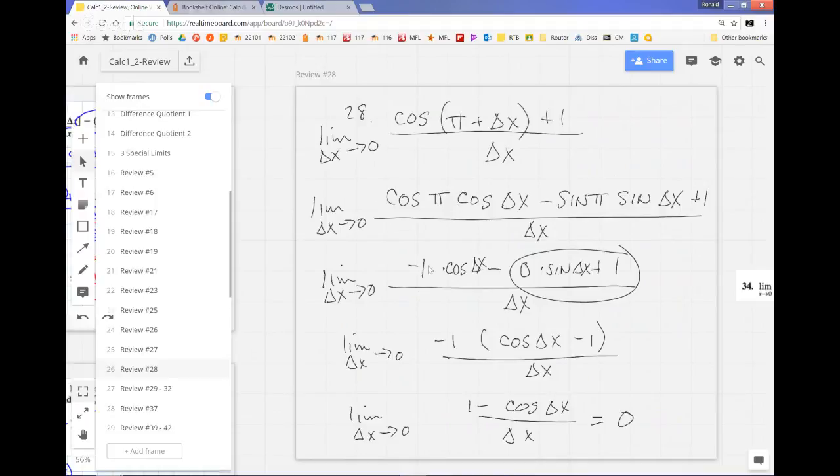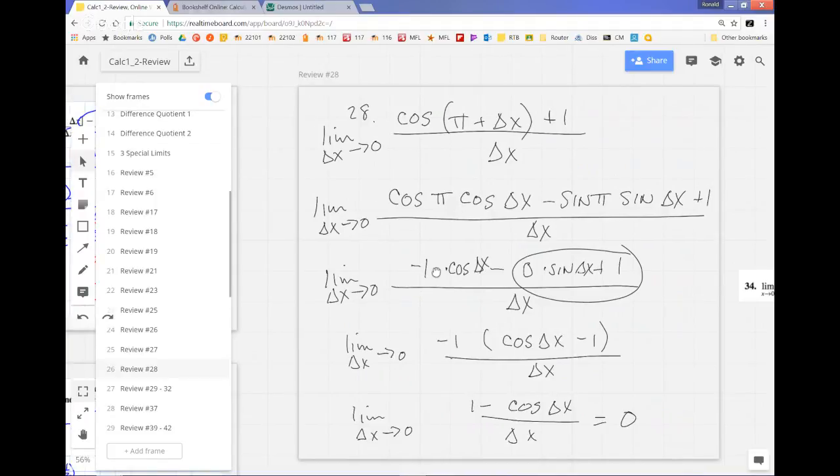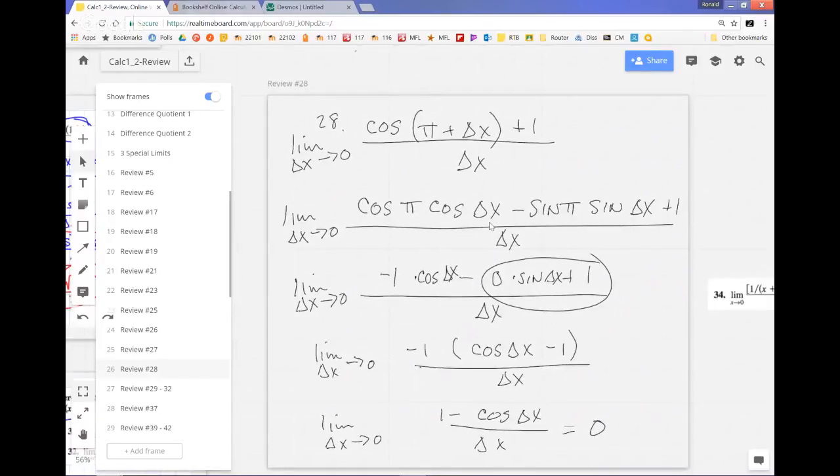Cosine of pi, negative 1, times cosine of delta x, we'll just leave that for the moment, minus the sine of pi, 0, times the sine of delta x. Okay, what's 0 times the sine of delta x? Nothing.